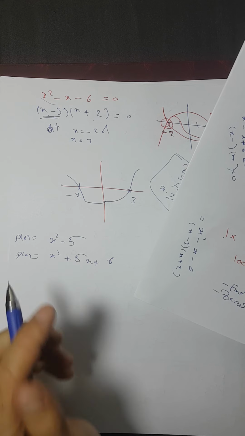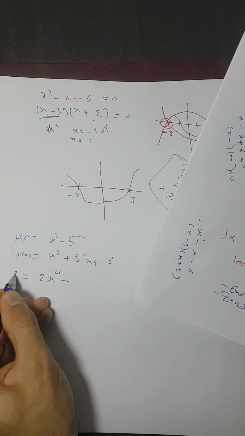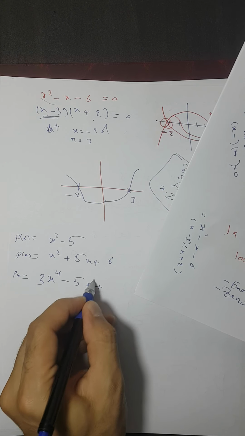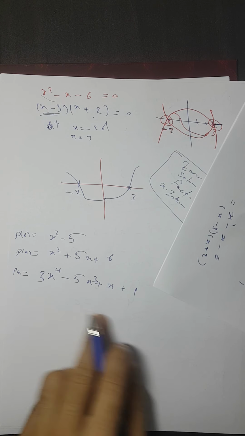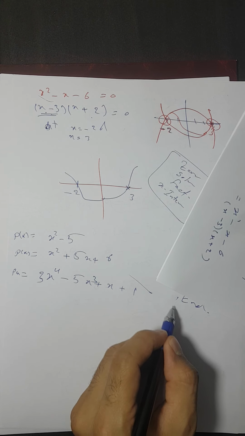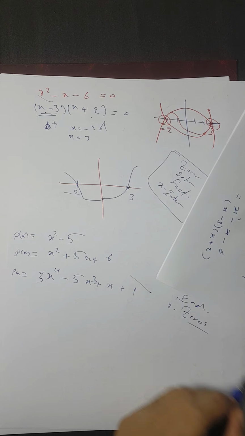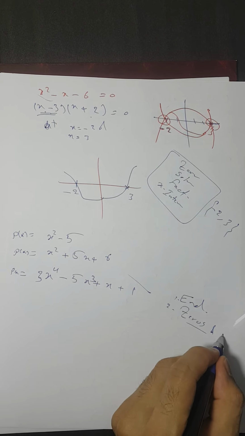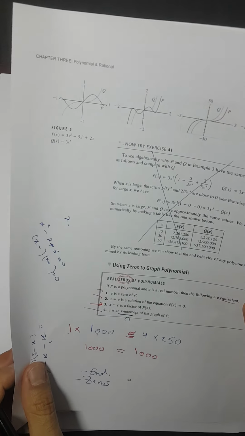No, it's sketching something like P of x equal to x to the power 4 minus 5x plus 2, like that. Okay, for sketching this one, the end behavior and the zeros are very important, because they give me the x intercepts. That's it.